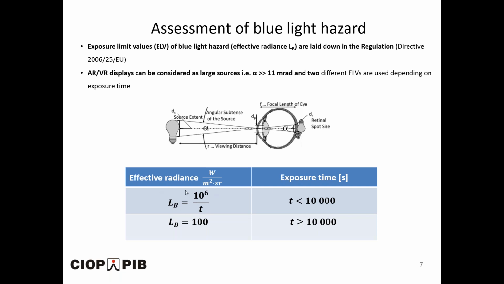For effective radiance, LB equals 10 to the power 6 divided by the time. If the time exceeds 10,000, this value becomes constant, at around 100 watts per meter squared per steradian.